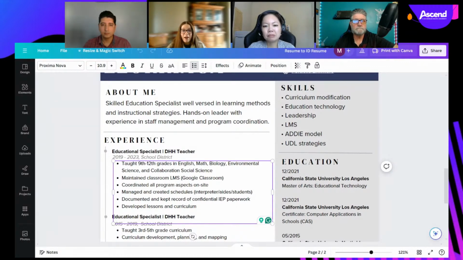Because again, that's what the hiring managers, that's what the applicant tracking system or AI, whatever tools they're using, those are the keywords that they're going to be looking for on your resume. So you want to be able to shape and massage whatever experience you have to fit that, if it does fit whatever the requirements are for those types of positions.